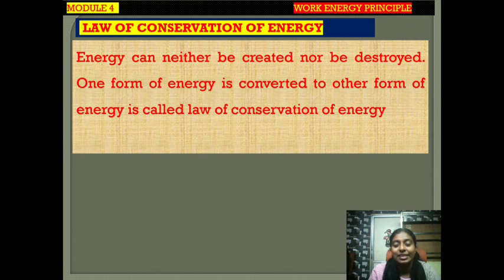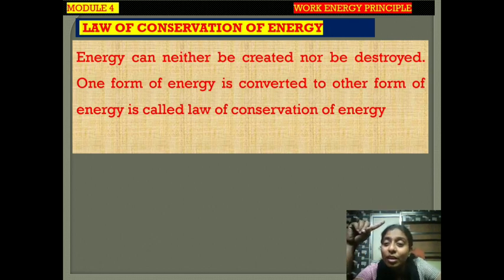As I told you in the first class, our fourth module is classified into four parts, and the first two parts are over. The first part is the kinematics of rectilinear motion, where we used equations of motion relating distance, velocity and acceleration.